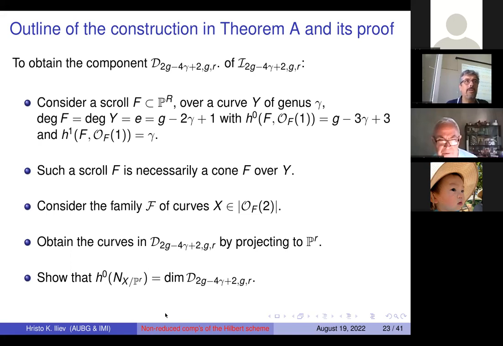Indeed, in general, this is a very difficult thing to compute. But because our curves are on cones, it is somewhat easier.